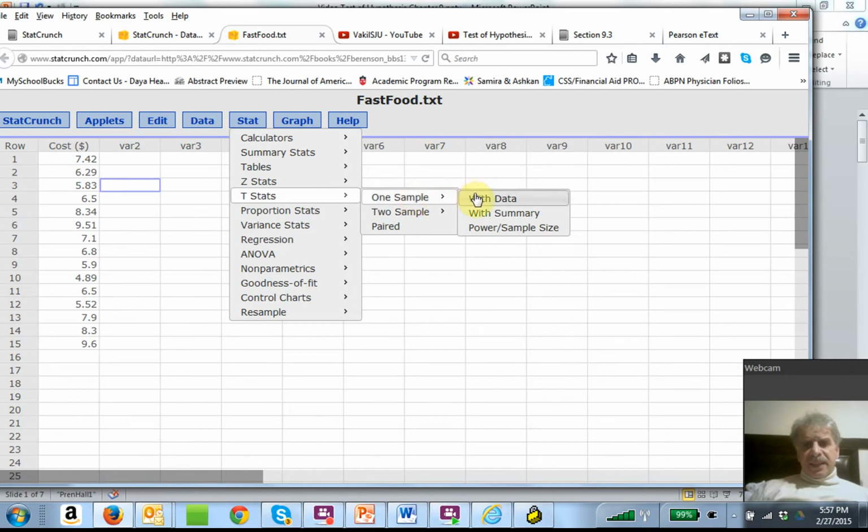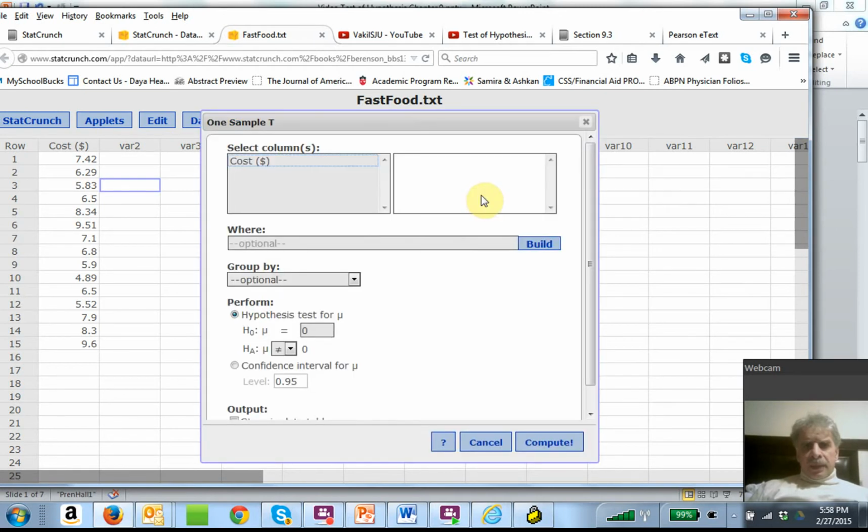Right now I have the data in front of me, so I'm going to go to the first option. Now I have to select my variable or column. It's the cost.